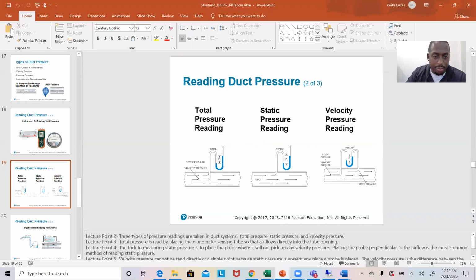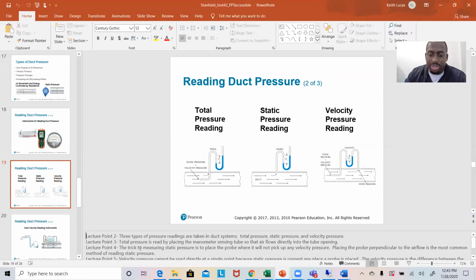So anyway, 3 types of pressure readings are taken in a duct system: total pressure, static pressure, and velocity pressure. Total pressure is read by placing the manometer tube so that the air flows directly into the opening. So you stick your pitot tube in against the airflow so that the air will flow right into it.